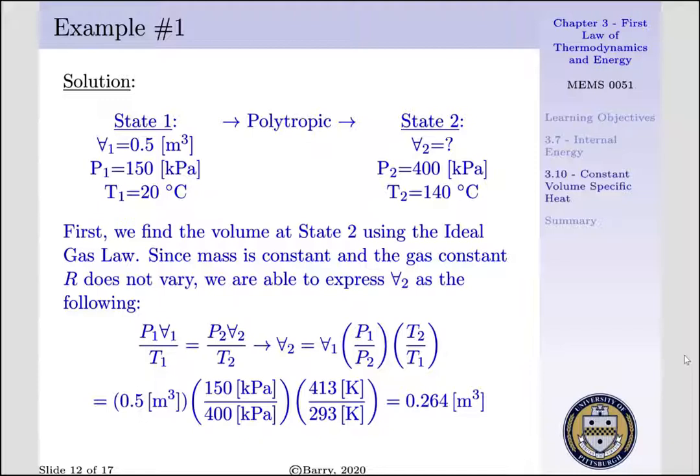This means our volume at state 2 is equal to our volume at state 1 times our pressure at state 1 per that at state 2 times our temperature at state 2 per state 1. Or we'd have 0.5 cubic meters times 150 kPa per 400 kPa times 413 Kelvin per 293 Kelvin. Or our volume at state 2 is 0.264 meters cubed.